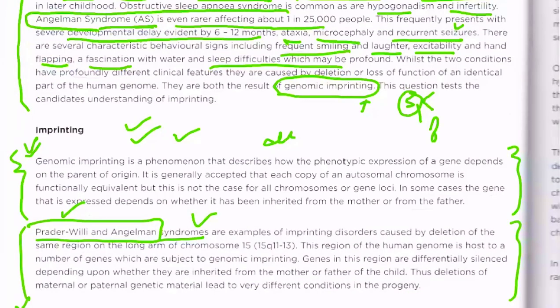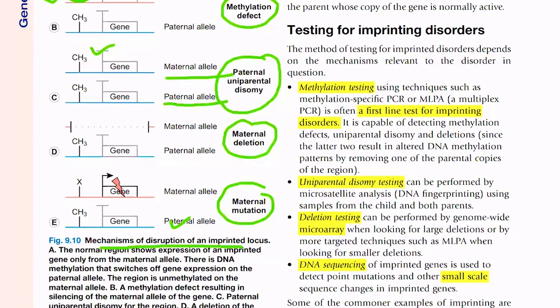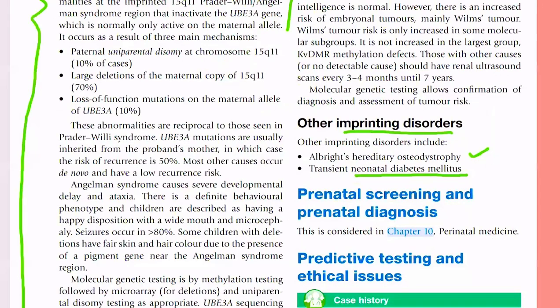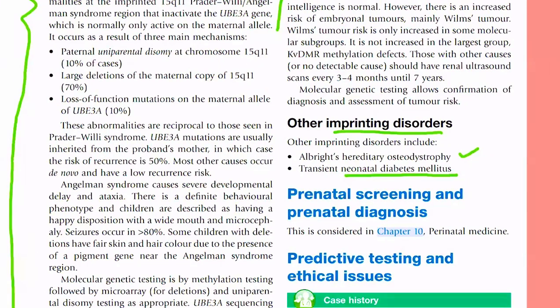Okay, now we will go to your SOP book, and from that I will read Angelman syndrome and the recurrence risk. See here the same point. There is chromosome number 15, and this one defect that is present, the UBE3A gene. See here, paternal uniparental disomy and deletions are more common.